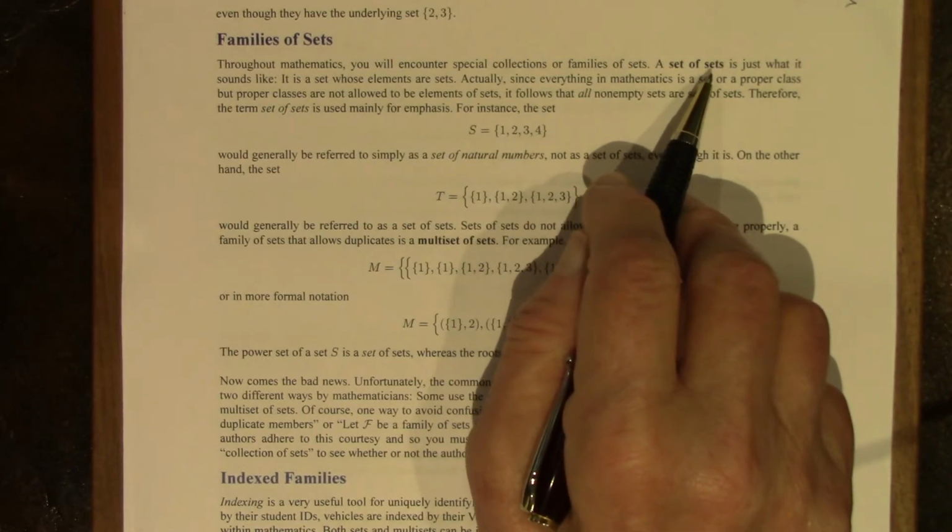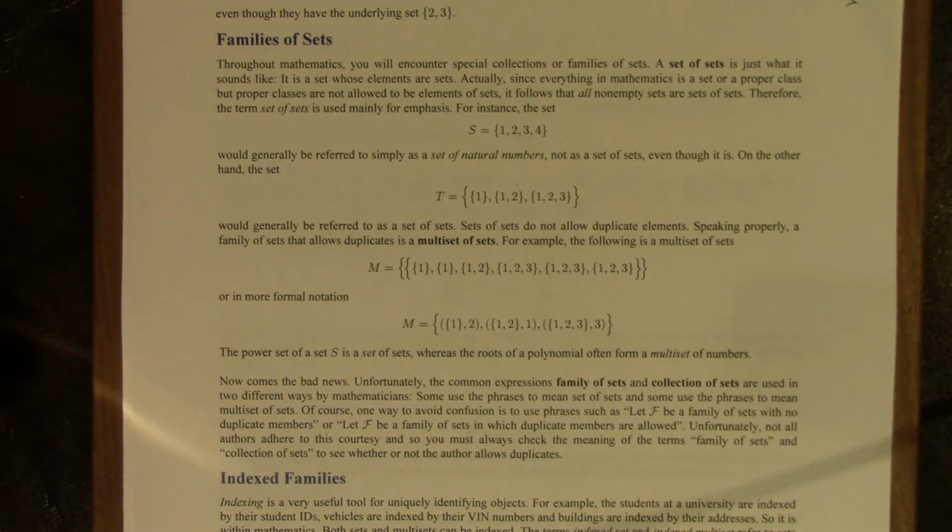Now, we already know that everything in mathematics is a set or a proper class, but proper classes are not allowed to be elements of anything. And so all non-empty sets are sets of sets.